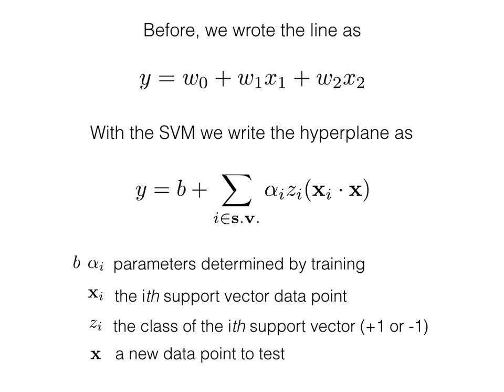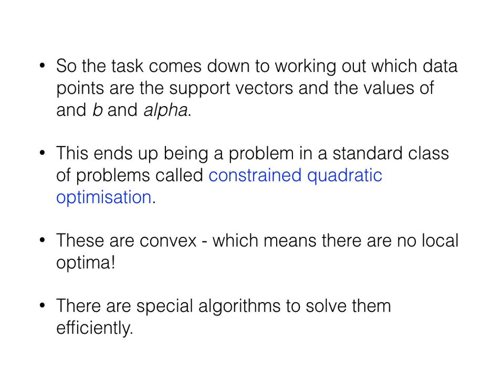And the bit in the brackets, xi, is the ith support vector, and the dot product of that with x, which is the new data point we're going to test. So the task of working out where this maximum margin hyperplane goes comes down to working out which data points are support vectors, and what the b and the alpha values are.